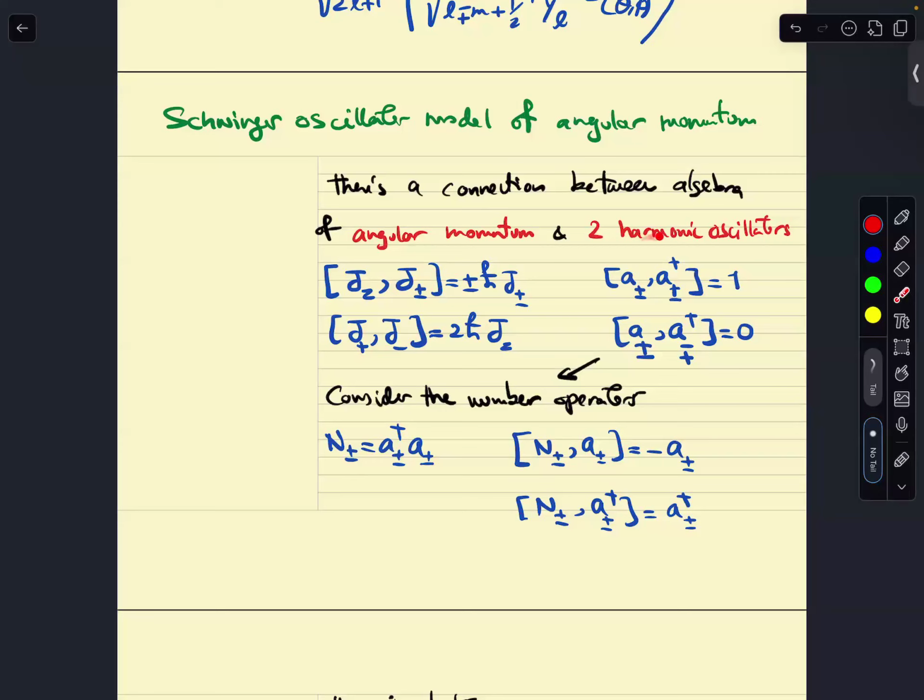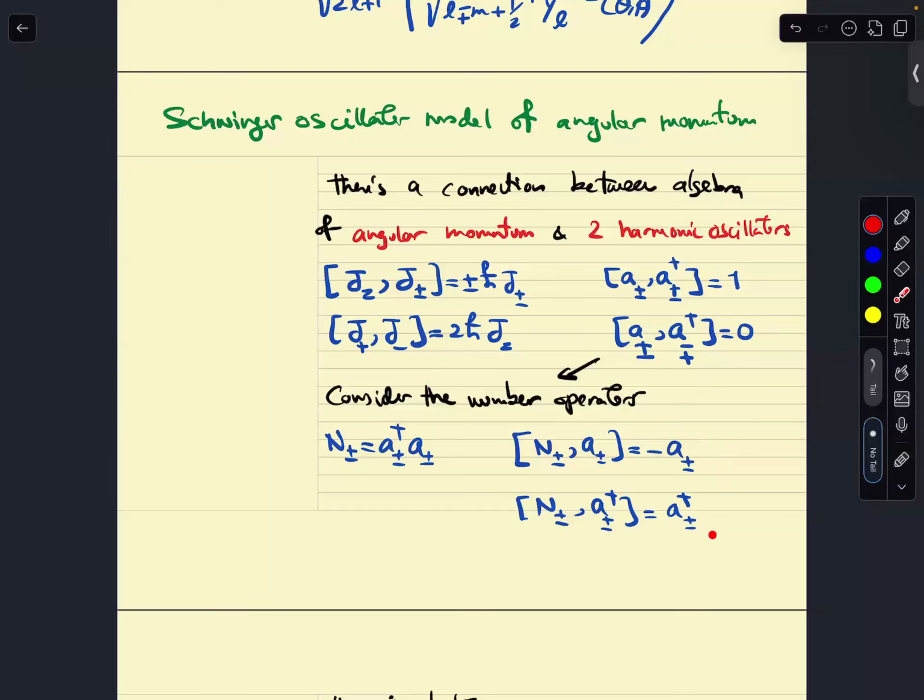For this pair of harmonic oscillators, you have the number operators, N plus and N minus. This is the number operator for the plus oscillator, and the minus sign is the number operator for the minus oscillator. They satisfy these relations.